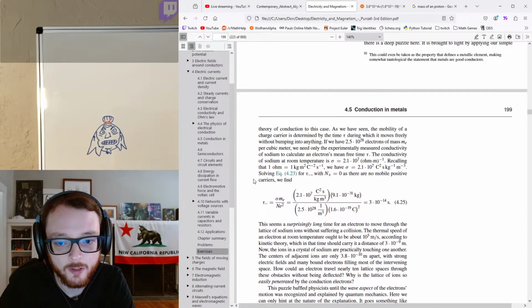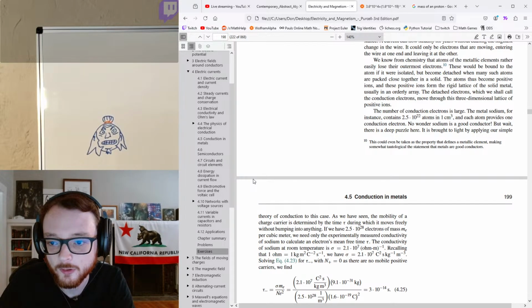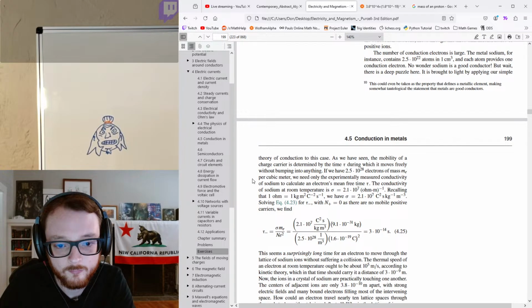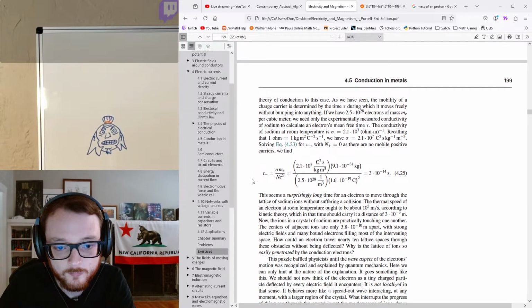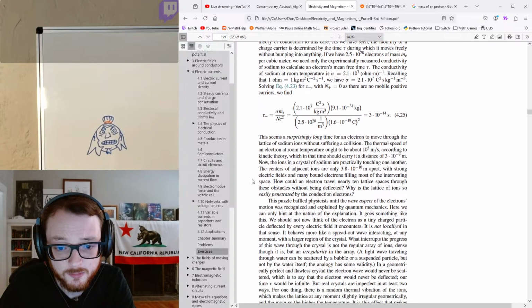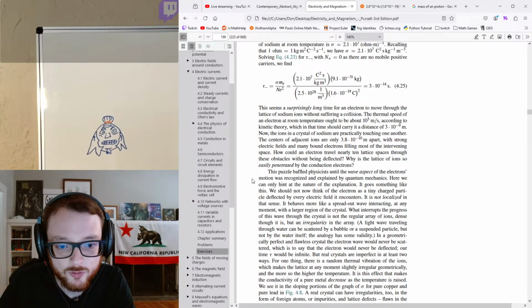Wait, what is this for? The conductivity of sodium. Maybe sodium's a good conductor? Maybe I shouldn't read too much into that part.